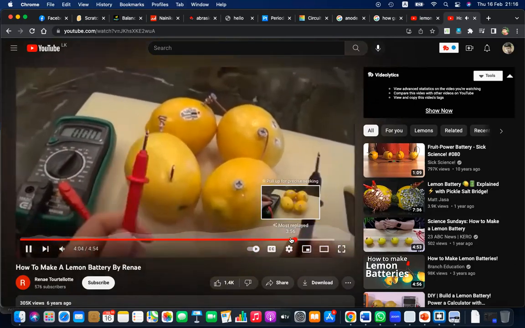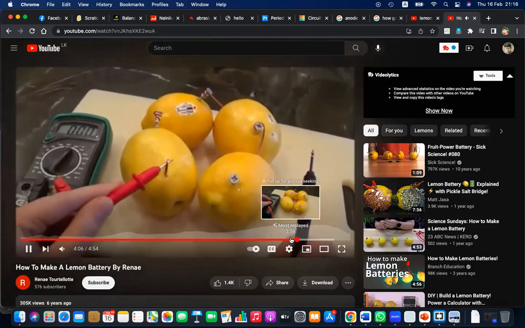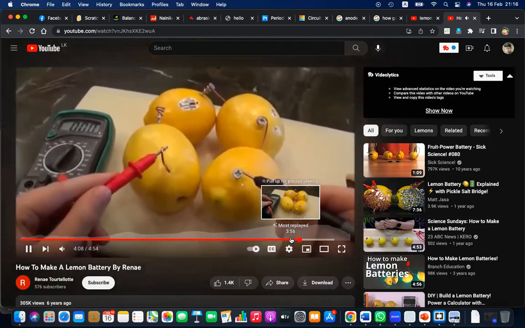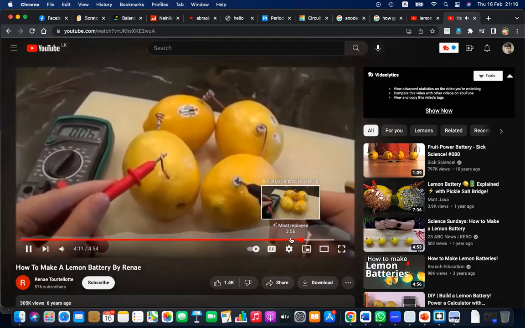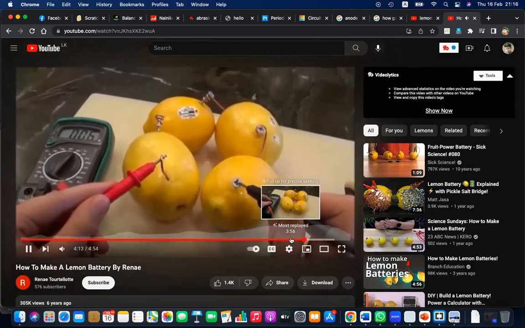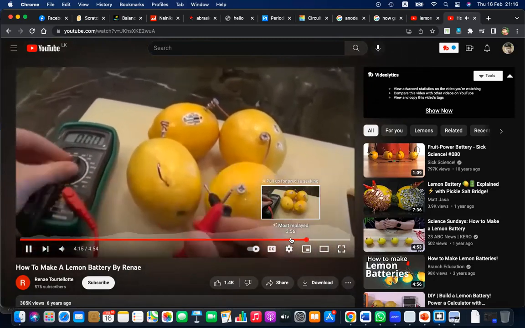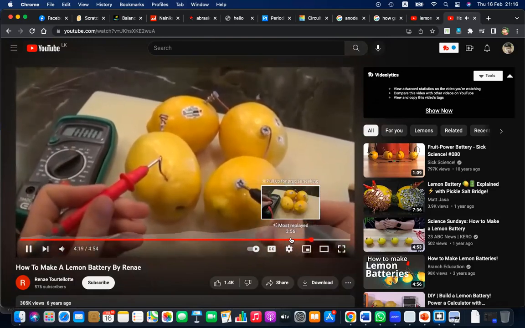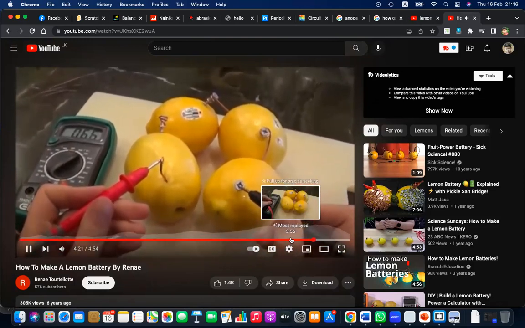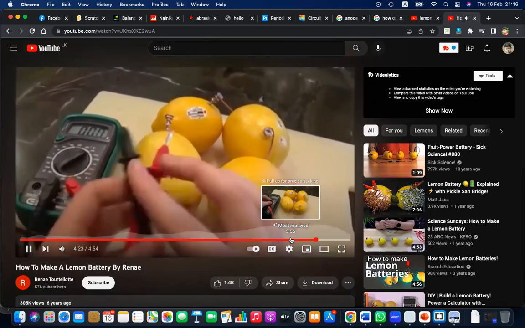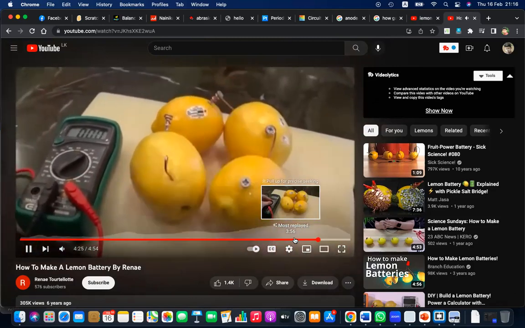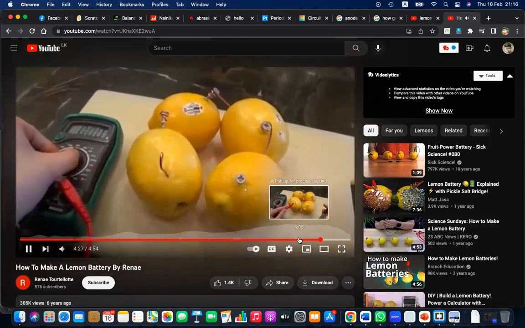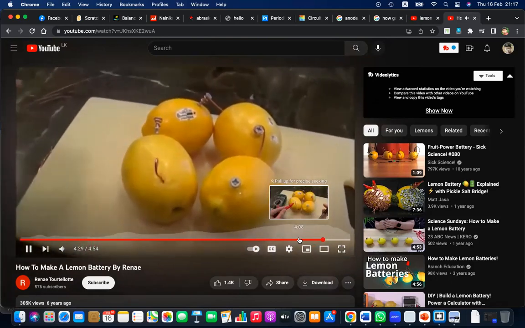The positive end goes to our cathode, the copper piece, and the negative end goes to our anode, the zinc nail. As you can see, it reads about 6 volts. If we transfer to a more sensitive setting, we can see it is actually about 6.6 volts. These lemons are very good because this should transmit enough voltage current to power an LED. Having 6 volts there.